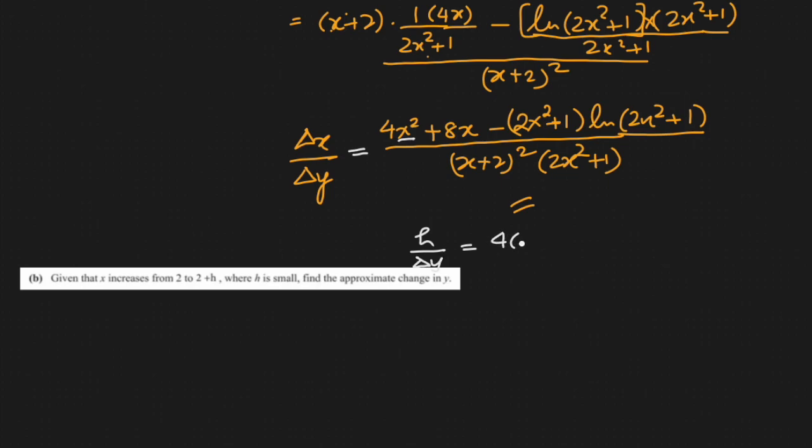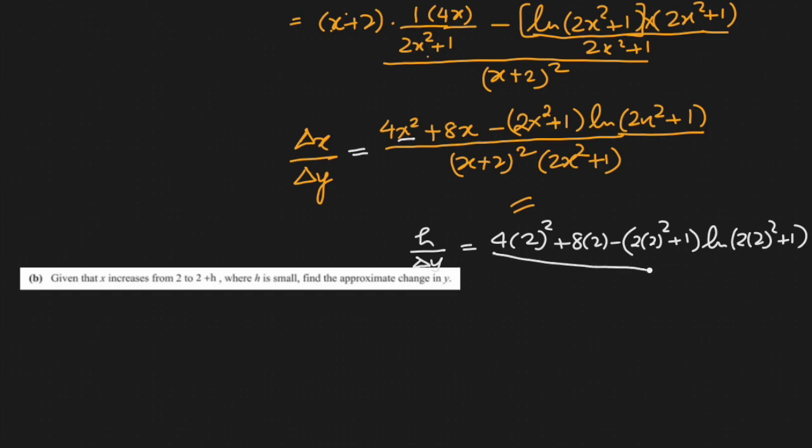We'll substitute it by 2 only, minus (2 times 2 square plus 1) natural log of (2 times 2 square plus 1) divided by (2 plus 2) whole square and (2 times 2 square plus 1).